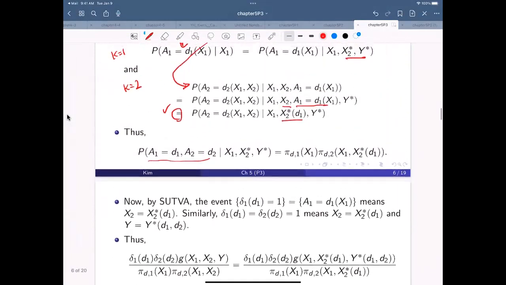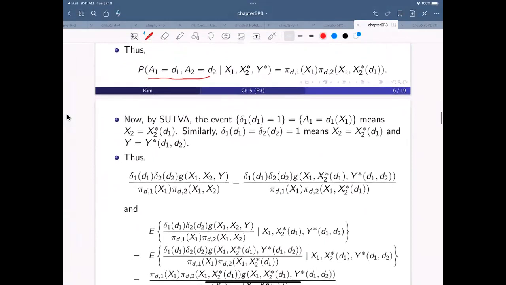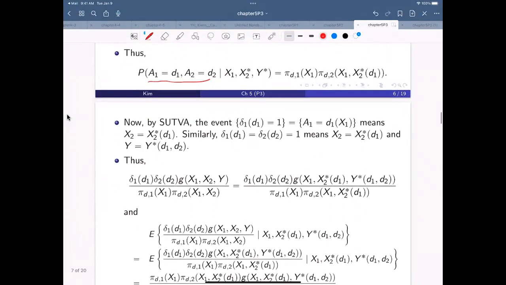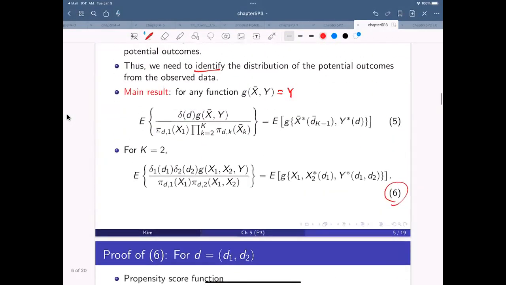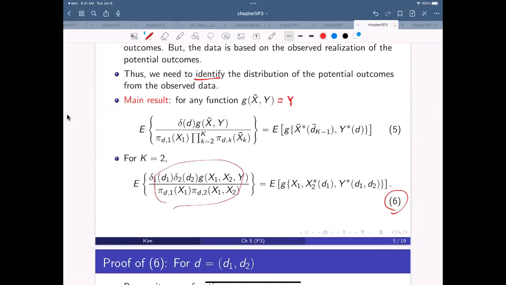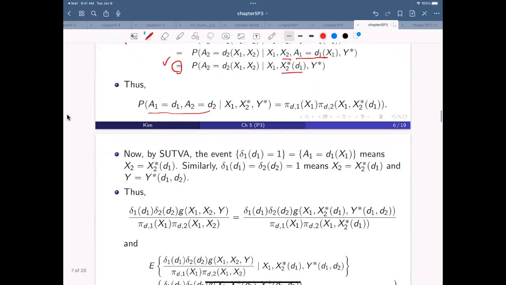Okay. So now, what is interesting is that, in the summation here, we only care about the case where delta equals 1. What do we mean by delta 1 equal to 1?